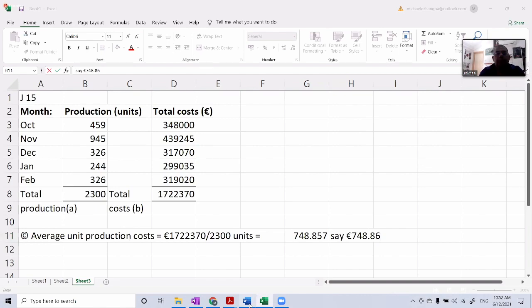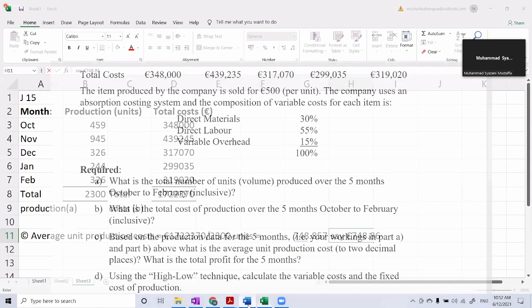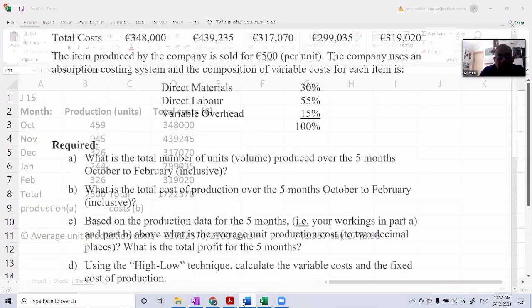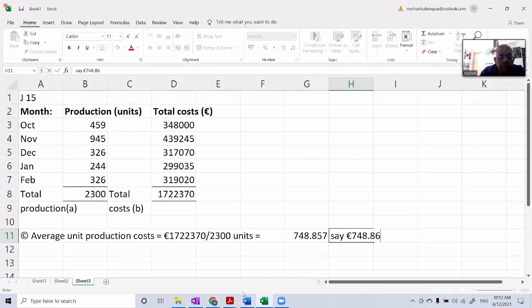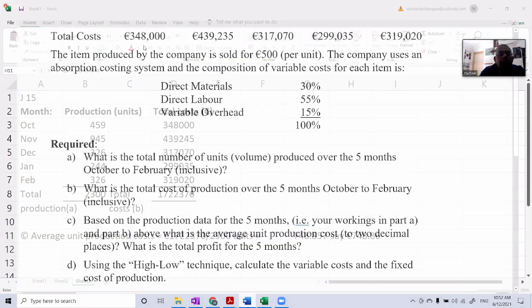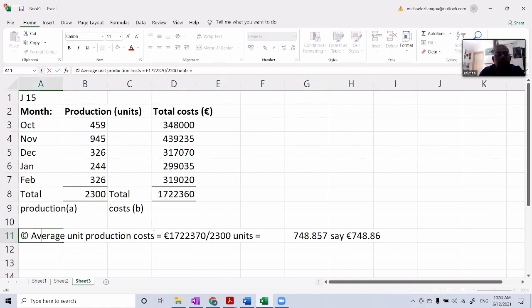Sir, sorry for interrupting. The total cost for November should be 439,235. So that must be 1,722,360.